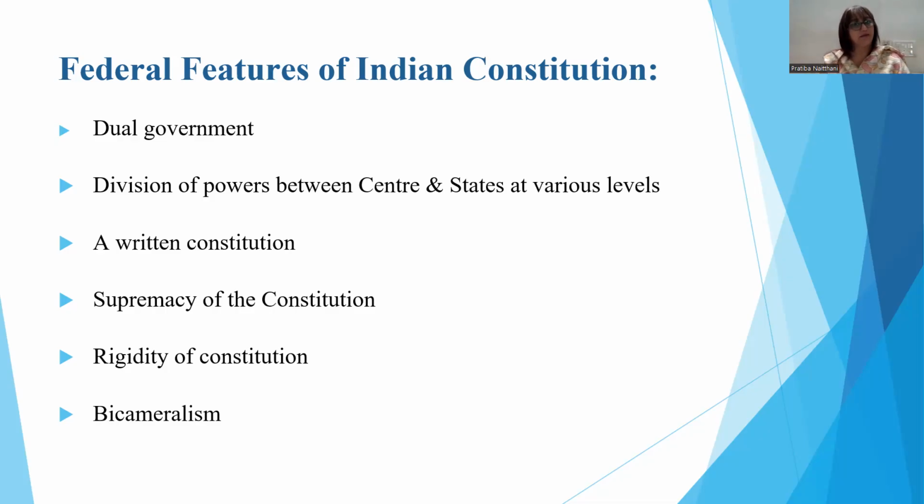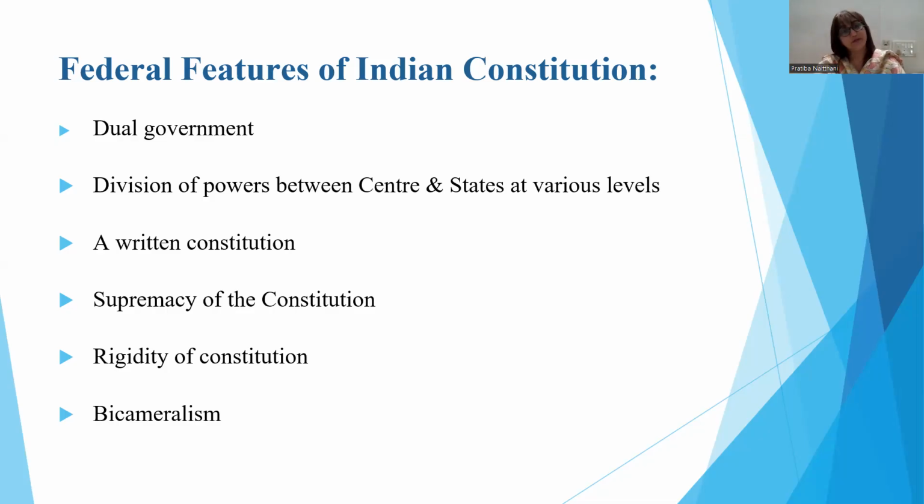The fourth feature, supremacy of the constitution. This we have discussed already, that in India, the supreme authority is the Constitution of India. There is nothing above the Constitution. The union government, the state governments, the three organs of the government, everything is under the Constitution.